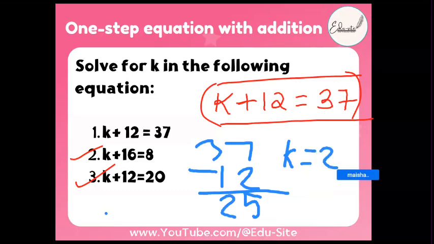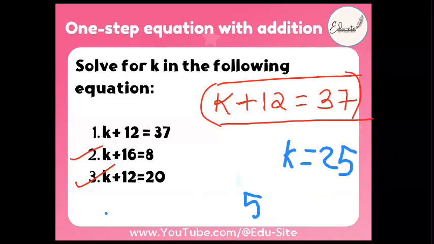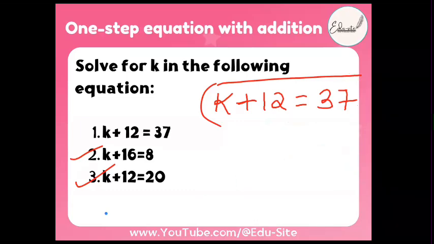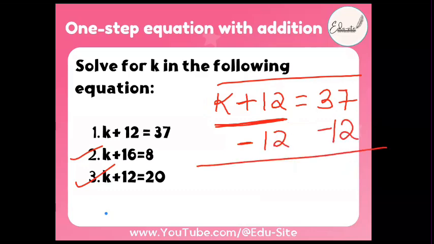There's a procedure to this, beta. I'll let you know how the procedure goes. This is k plus 12 is equal to 37, which has a number along with k. You just have to remove this number. So to remove this number, we are going to minus 12 here and minus 12 here. So we're going to do minus 12 on both sides.